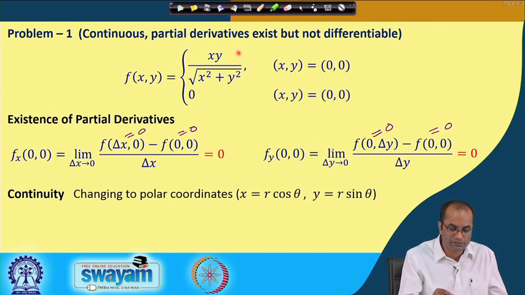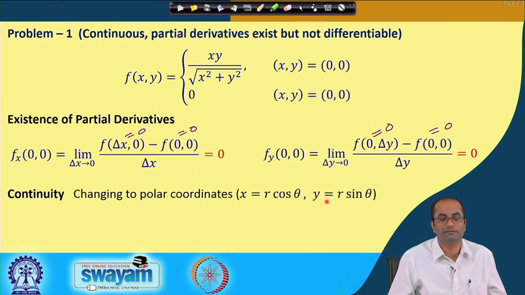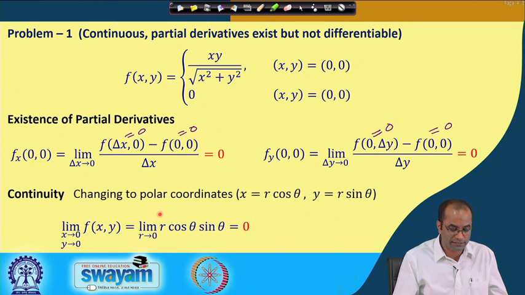So, we can change this to polar coordinates, that is easier. So, x is equal to r cos theta and y is equal to r sin theta. We can substitute there and take the limit as r goes to 0. So, when we substitute here x is equal to r cos theta, y is equal to r sin theta, here we will get simply r, the square root of r square, and then 1 r will get cancelled, and we have here r and cos theta sin theta.